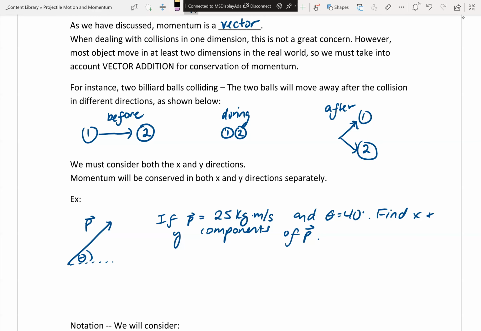Just like how we would find our vector components when we did forces, this will be the same sort of thing. Because our angle is relative to the horizontal, to calculate Px is going to be cos of that angle multiplied by our vector. In this case, it's going to be P cos 40 degrees, and Py is going to be P sin 40 degrees.